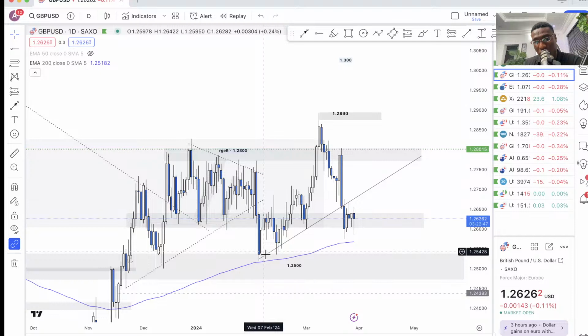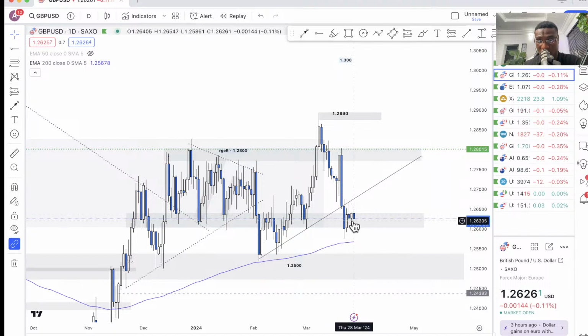Now you see that this support trend line was drawn across the swing lows of the pound dollar market, and every time the asset came down to this support level, we had a retest. We successfully broke below it, came down to this key support level that we've drawn all the way from November 22nd last year.